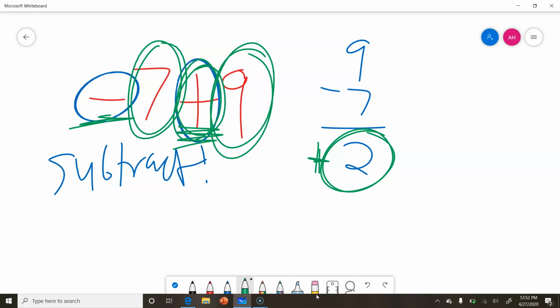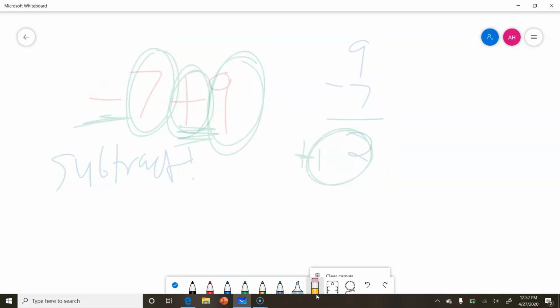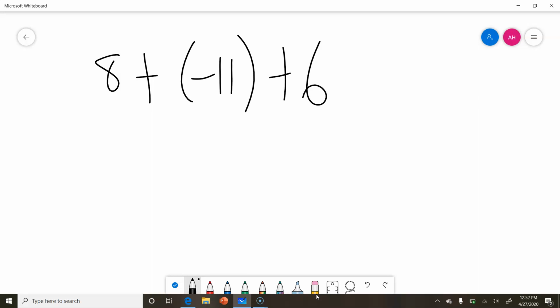I'm going to do one more example problem and let you know what your homework is for tonight. So we have 8 plus negative 11 plus 6. Now, the order that you do these in is you just go from left to right, this way. So I'm going to start with 8, and I have 8 plus a negative 11. Now, how did I say to rewrite that?